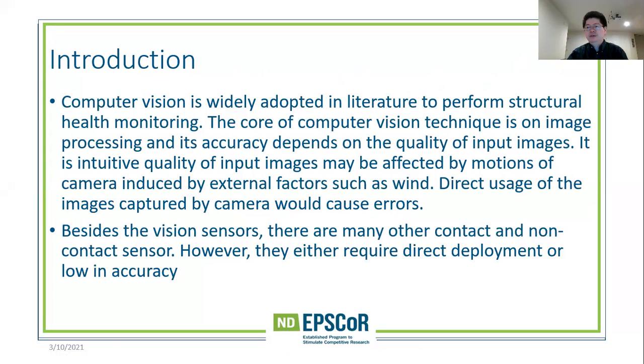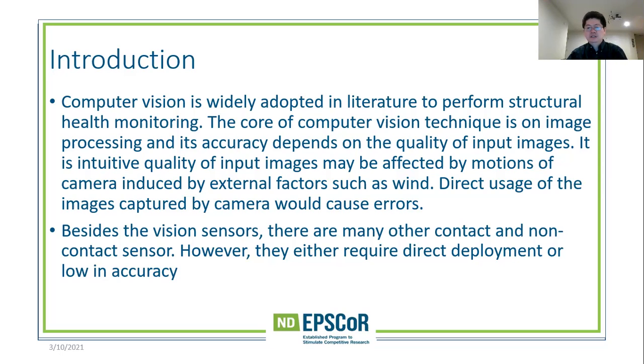If the image captured by the camera is distorted, either due to the vibration of the camera itself or due to environmental effects such as wind, it will reduce the accuracy of the displacement monitored in practice.